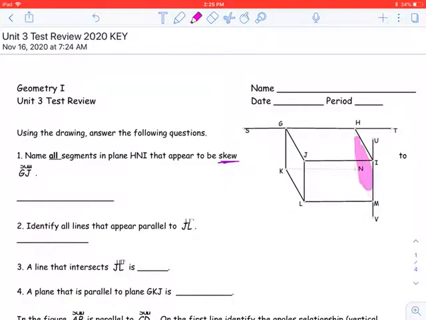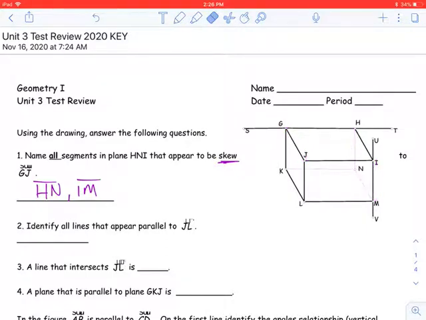So from that plane, what is skew to GJ? GJ is right here. We need something going a different direction that is also on that right side. The right side contains these two lines going up and down, a different direction, and will never intersect. So that's HN, and that's IM.